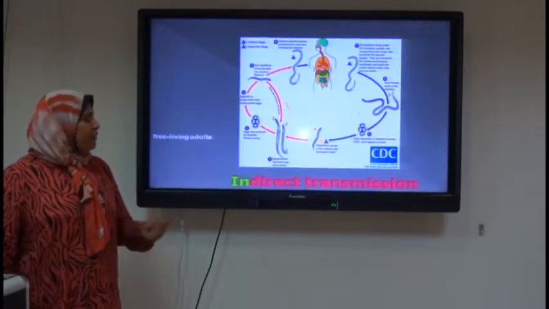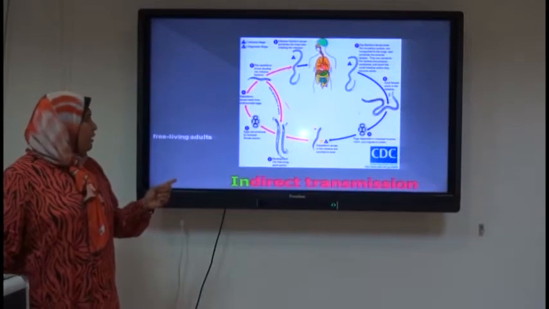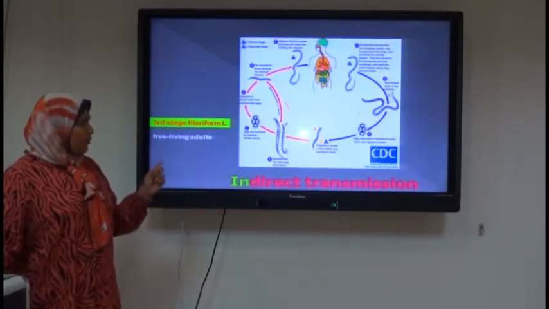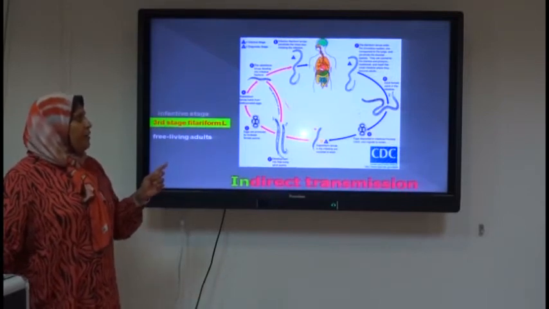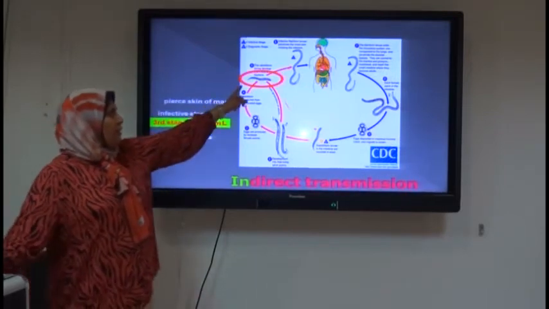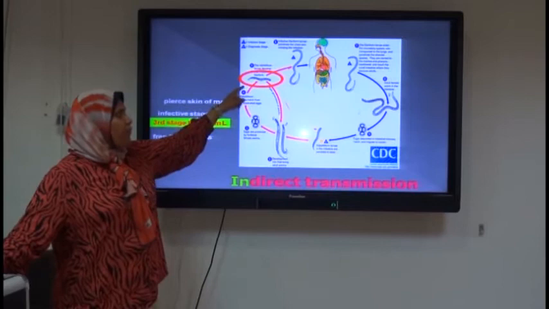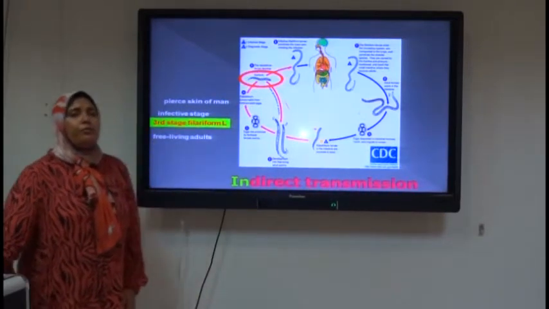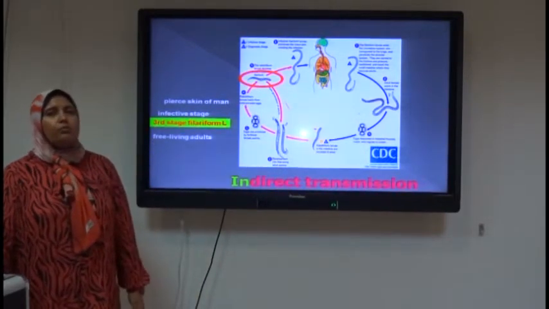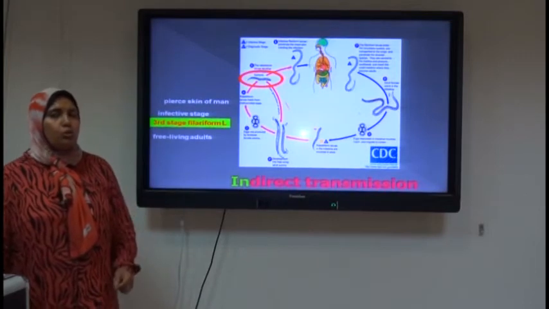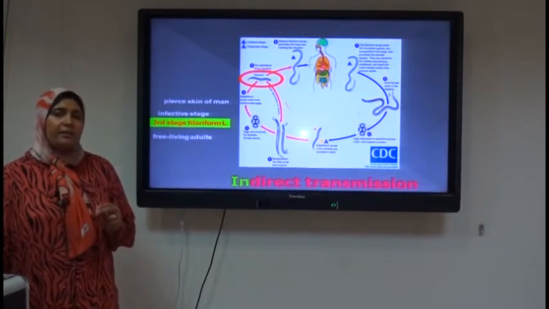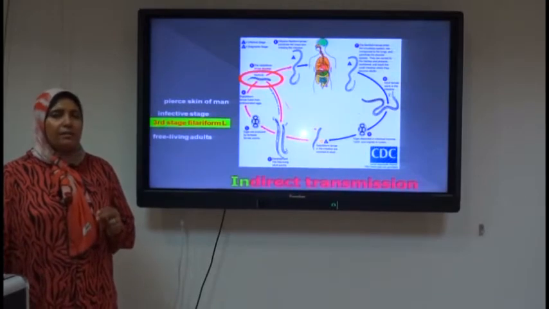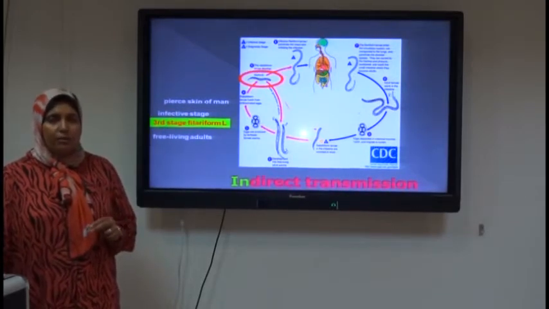And this is the second part of this indirect life cycle, where conditions are no more appropriate, and that's why this rhabditiform larvae will transfer to the filariform larvae, and it will search for a host to penetrate its skin and to continue its life cycle inside this man as a parasitic Strongyloides.